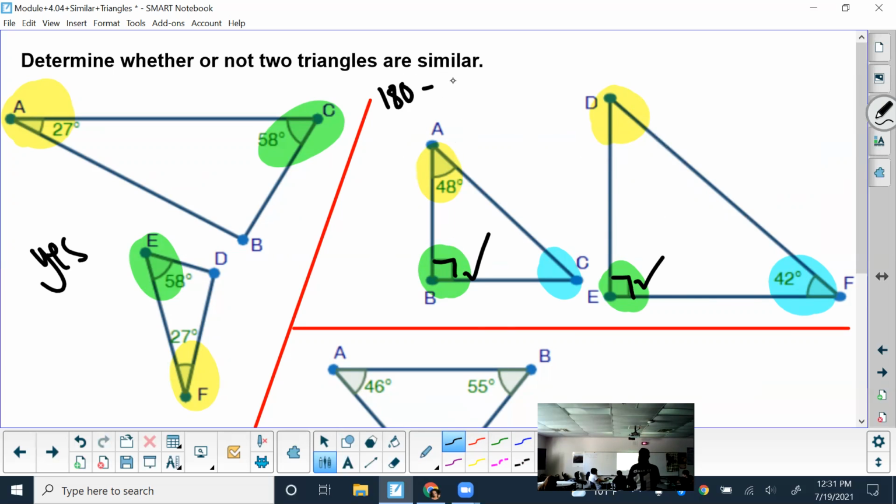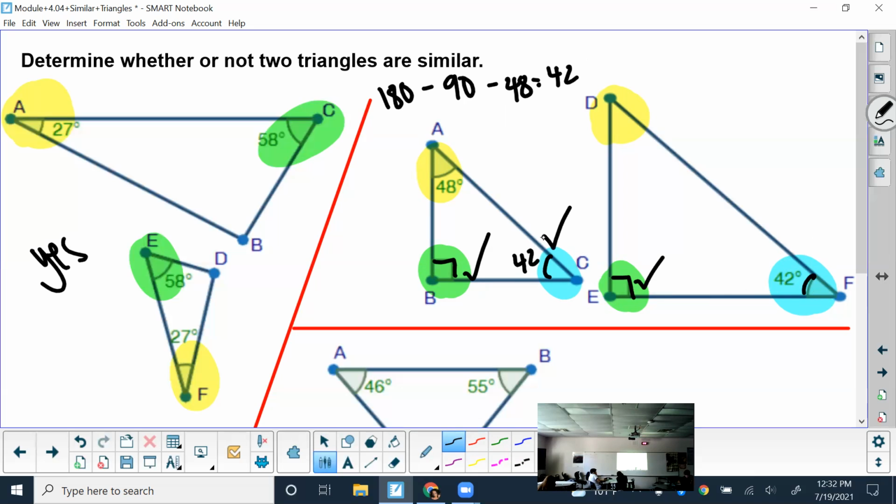So I'm just going to take 180 minus that 90 degrees minus that 48 degrees, and I get 42 for my missing degree. Does that match angle F? Yes, because angle F is labeled as that.